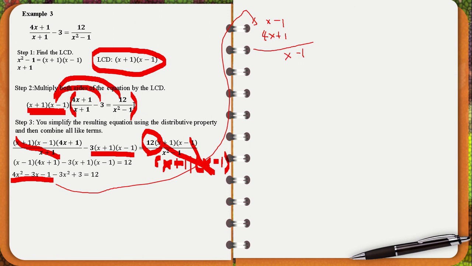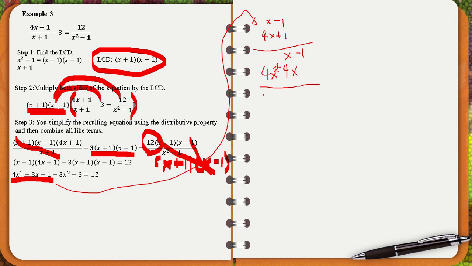Ito naman po, 4x times negative 1 is negative 4x. 4x times x is 4x squared. Okay, combine similar terms tayo.